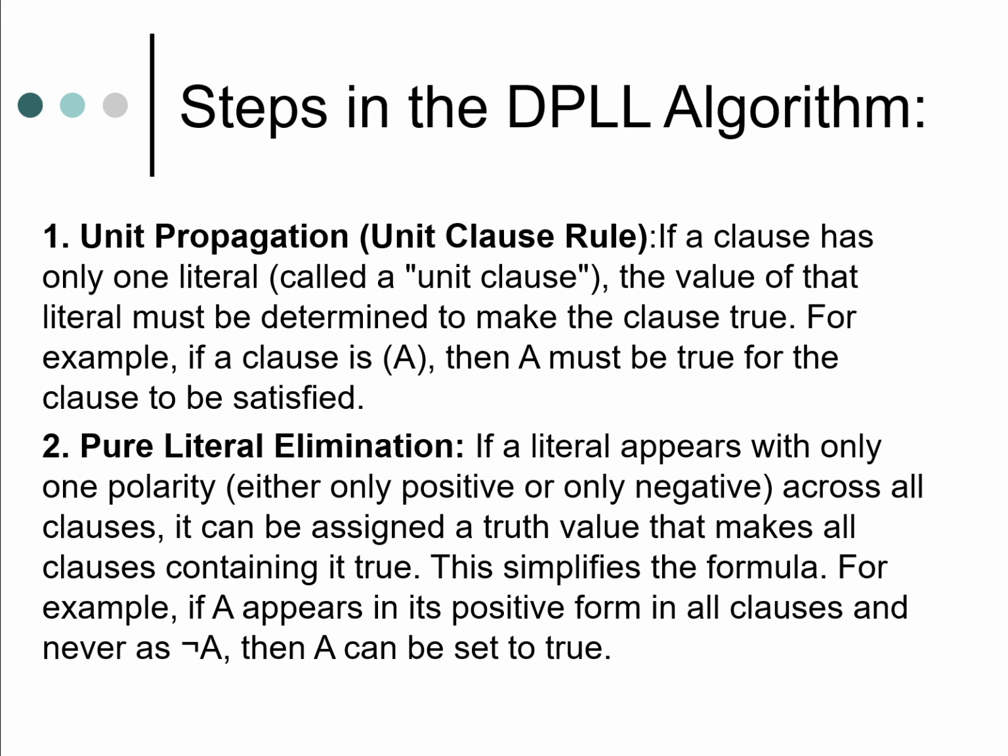In order to simplify a formula, we use this. For example, if A appears in the positive form in all the clauses, never as not A, then A can be set to true.